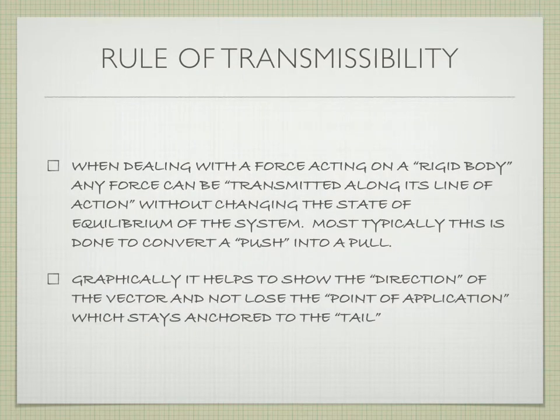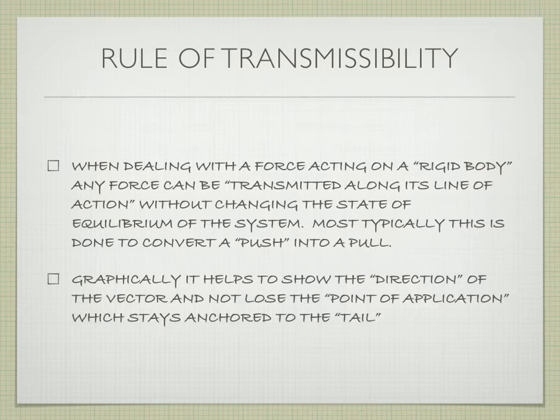This will become pretty clear, and we're going to cover this in hydrostatics so that we can learn to visually solve problems. One is the rule of transmissibility, that when you have a resultant or a force acting on a body, it can be moved along its line of action without changing the dynamics or the statics of the problem.